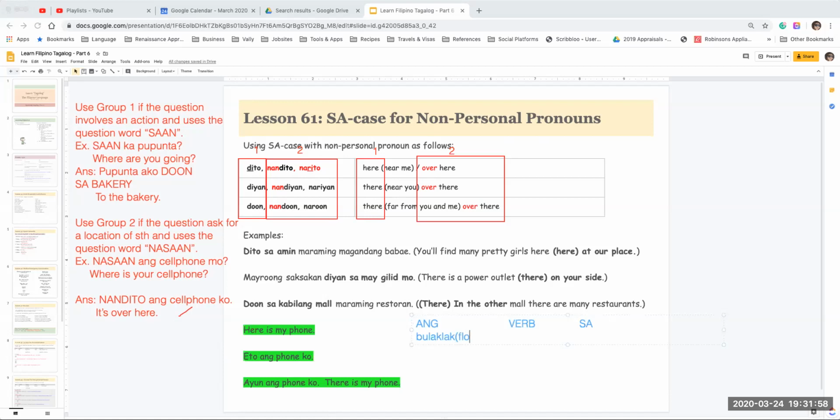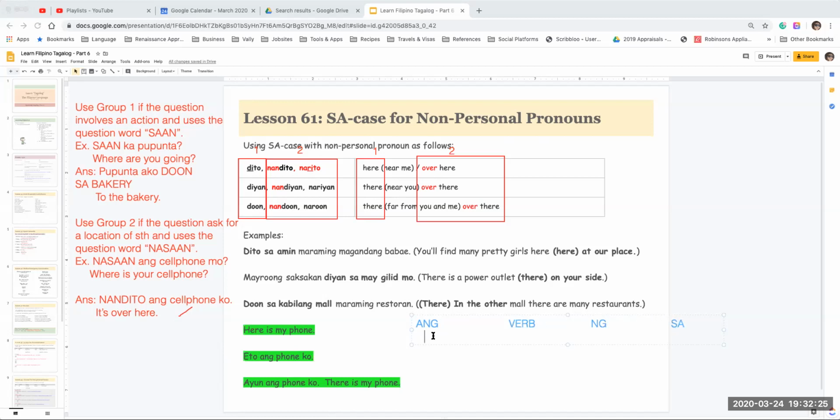And the verb is... do you remember how to form it? I haven't taught you how to make the "in" verb, not yet. So we're going to use the verb for now.